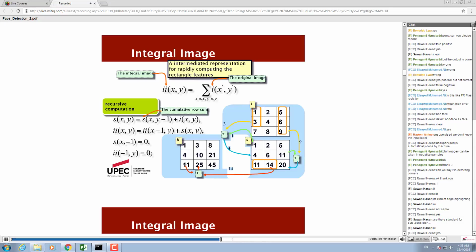So to reduce the time of addition, this paper is proposing the integral image. We'll see how the integral image can reduce the time of addition dramatically. By the way, I think we'd better have a break.